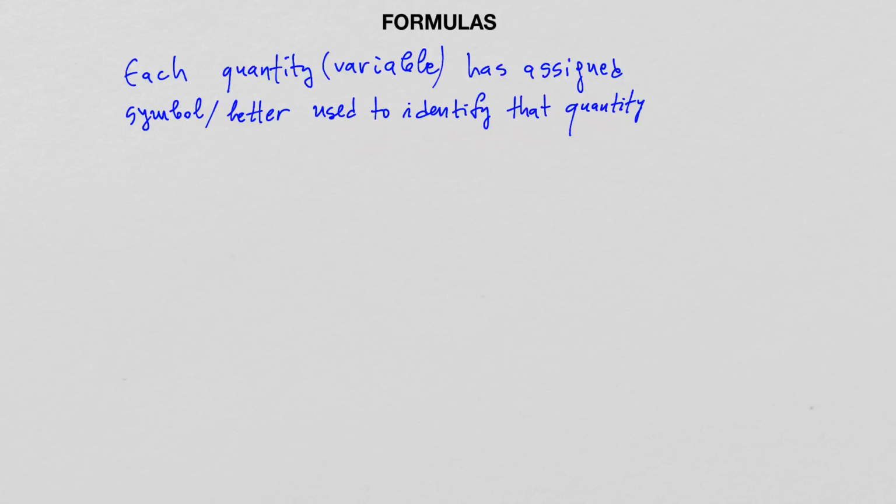And typically in physics, each quantity has a unique letter assigned. There are several examples where different quantities may have the same letter, but they are very few and far between. In this course, we will encounter quantities which have unique letters, so we are not going to have to remember the same letter for different quantities.